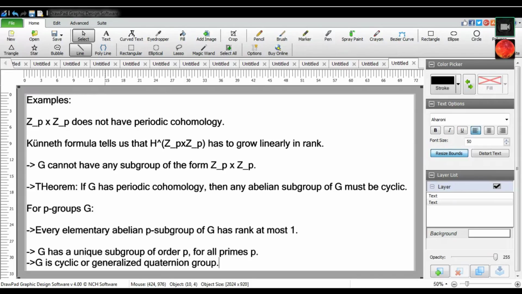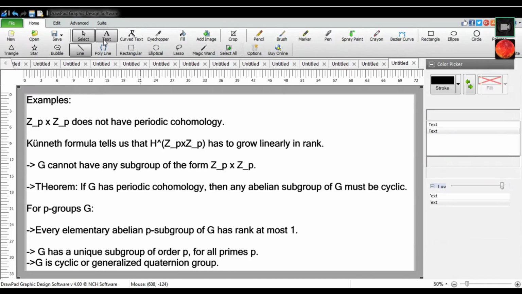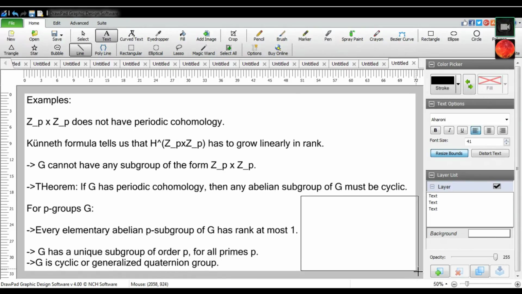Does anyone not know what a generalized quaternion group is? I think I'm just going to make this as a remark.